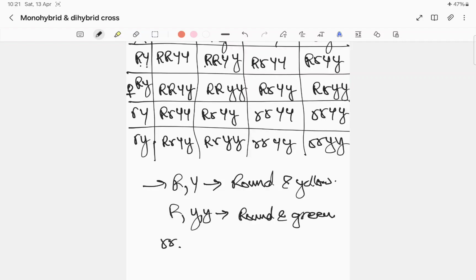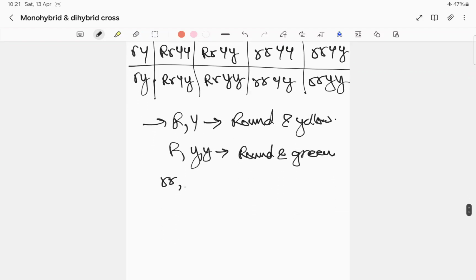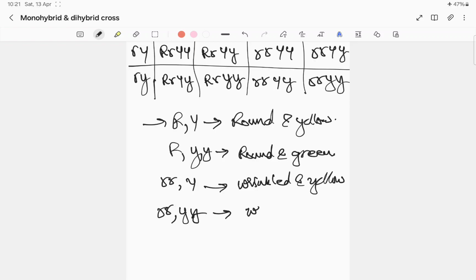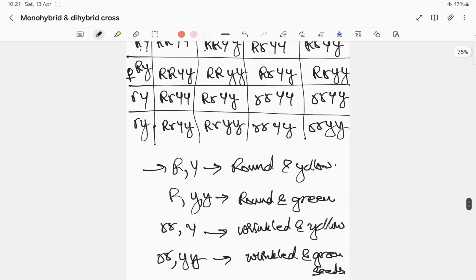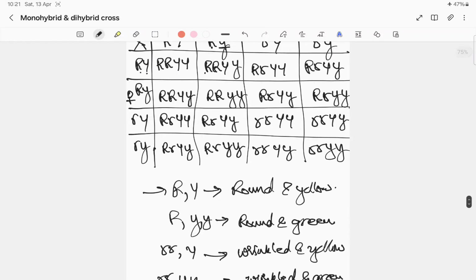If both are small r and at least one capital Y, we will get wrinkled and yellow seeds. And if both are small r and both small y, we will get wrinkled and green seeds. Right, till here you have understood, I guess.